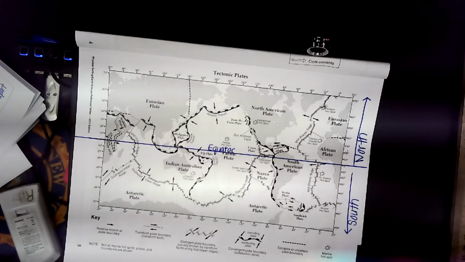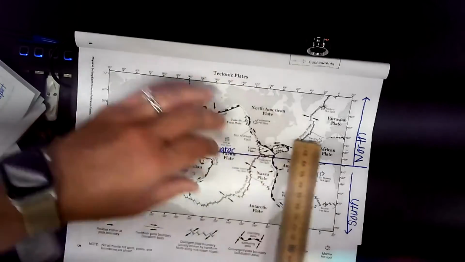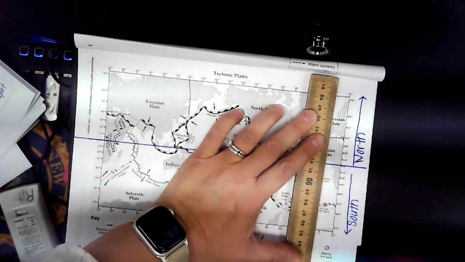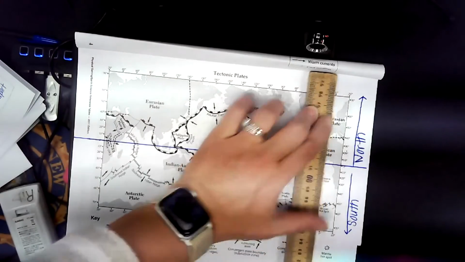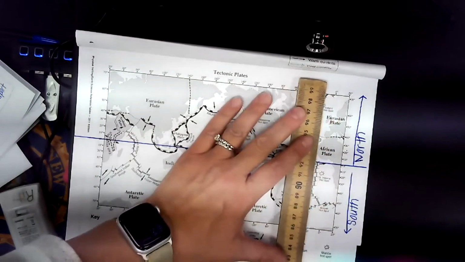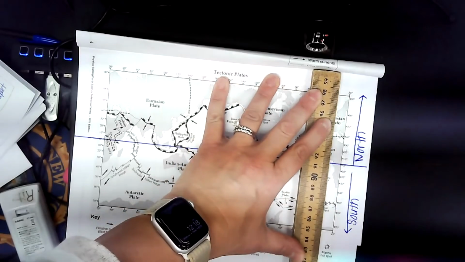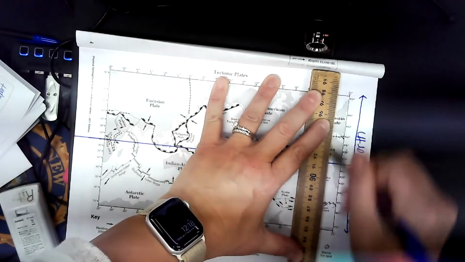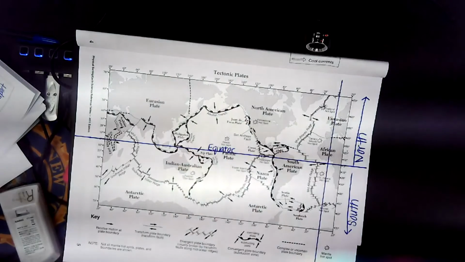Prime meridian. So guys, some of you got that wrong. What is the number for the prime meridian? 0. So where is 0 on this map? 0 longitude. Okay, Cynthia's putting her hand in a very weird spot because she knows it's over here. So the 0 on the top and the 0 on the bottom, go ahead and draw your line on your paper. That is the prime meridian.